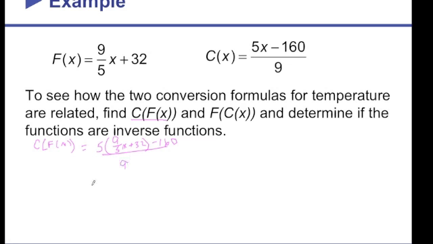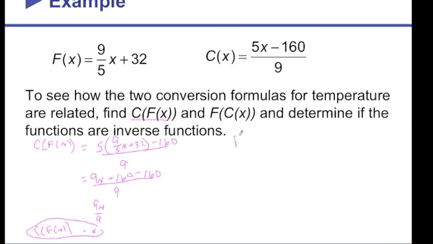Well, 5 times 9/5 will be 9x, 5 times 32 is 160, minus 160, all over 9. 160 minus 160 is 0, so we have 9x over 9, and we find that c of f of x equals x.